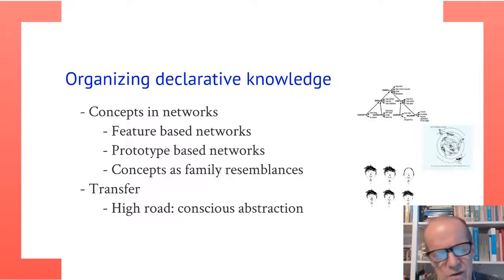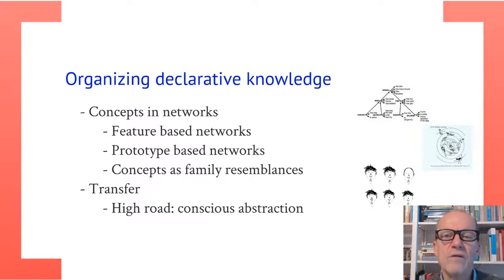But still, you can then try to imagine that there are various ways in which concepts are stored in networks, which together form, for instance, theories or rules of theories or bigger organizations of knowledge, basically.